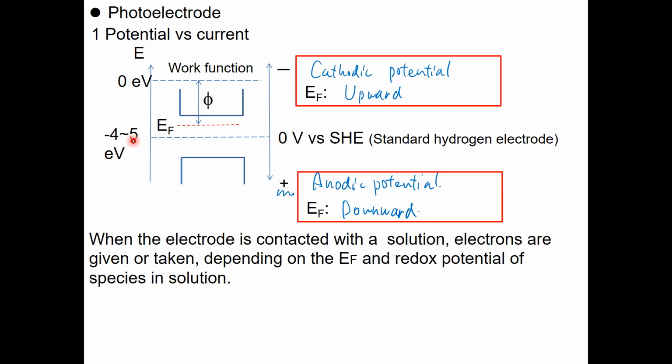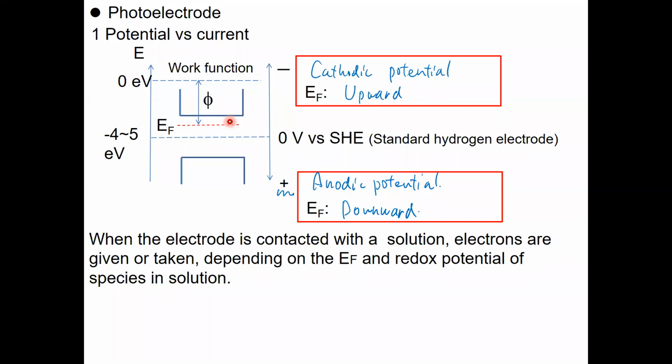Similar to the metal-semiconductor contact, I would like you to remember that when the electrode has a contact with a solution, the electron at the Fermi energy is given or taken depending on the Fermi level or redox potential of the species in solution, right?